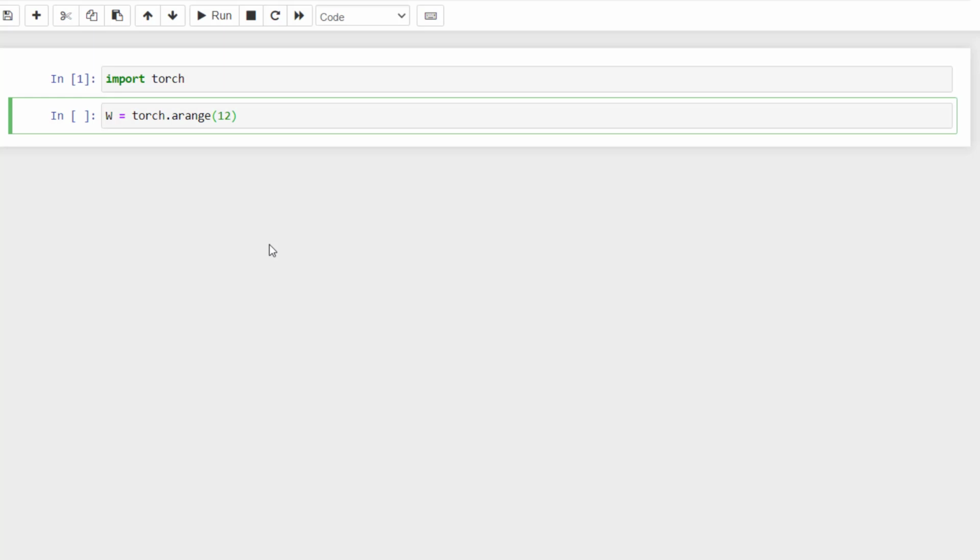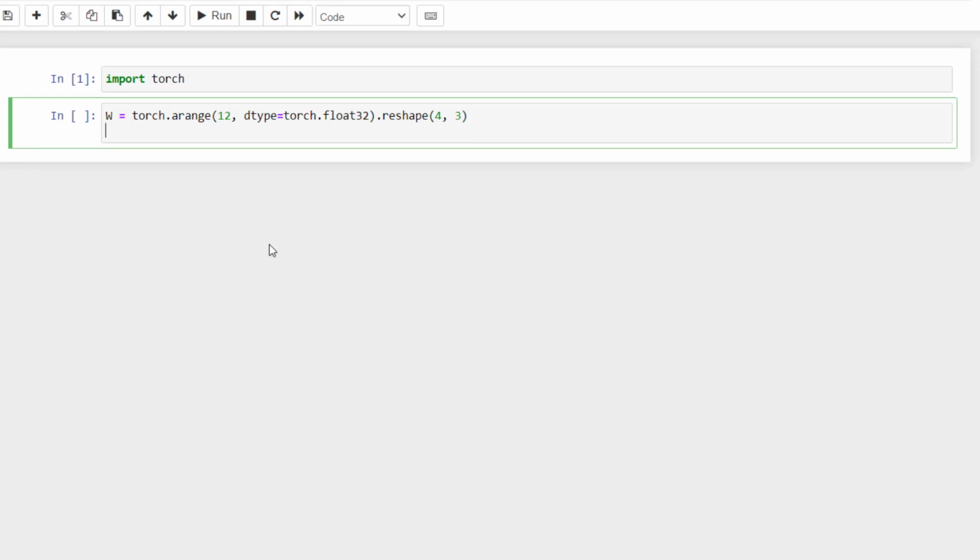And for some reason, Torch only accepts float matrices for the input of the SVD. So we say the data type is torch.float32 or 64. And just to make it a matrix, I reshape it to be 4 by 3.